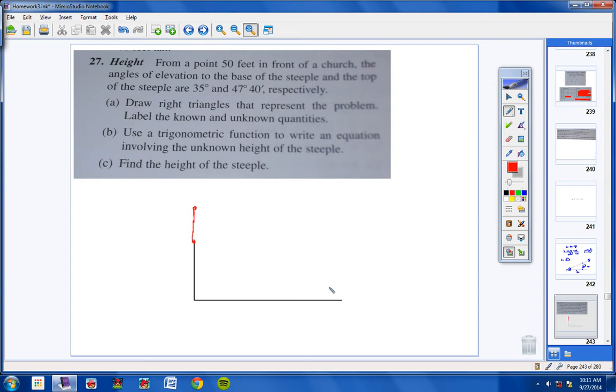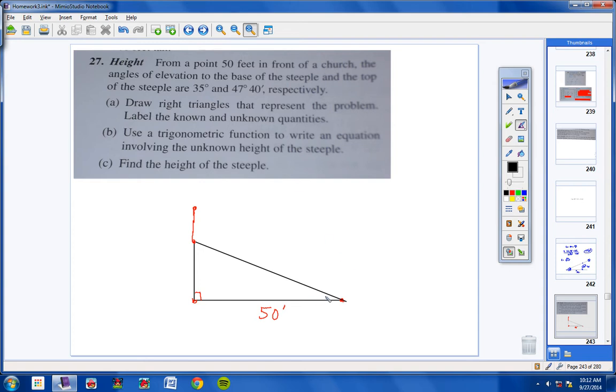Okay, there we go. Now, go ahead and put 90 degrees here. Go ahead and put a person standing here. And it says from a point 50 feet from the church. So I know the distance from here to here is 50. That's easy. Now, my first angle of elevation goes from here to here. It says the angles of elevation to the base of the steeple would be 35 degrees.